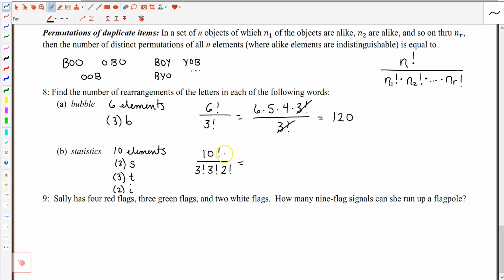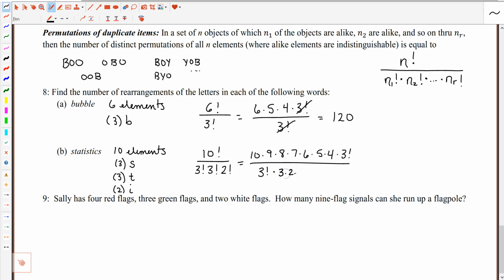On this one, let's see what sort of simplifying I can do. So 10 factorial. I'm going to leave one as a 3 factorial because that will simplify with the one out here, and everybody else I will expand out to see what I can simplify.